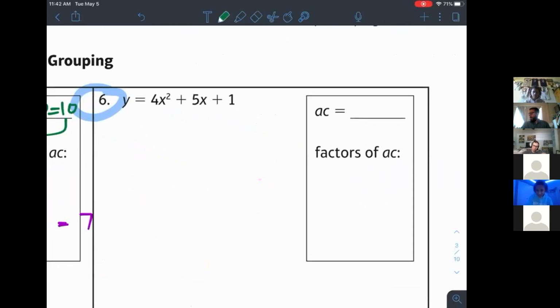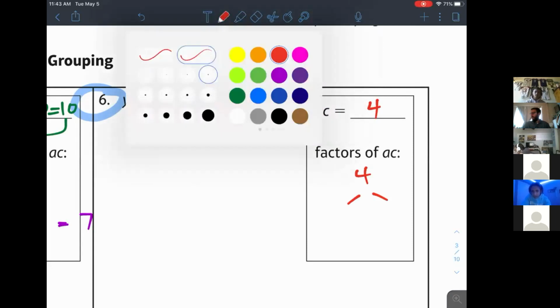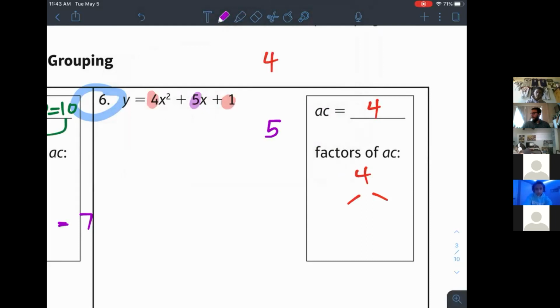A times C gives us 4 times 1, or 4. We have to find the factors of 4 that add up to 5. What I'm doing right now, y'all, is basically doing this X chart at super speed. Here's the X chart, and I'm trying to find the factors of 4 that add up to 5.